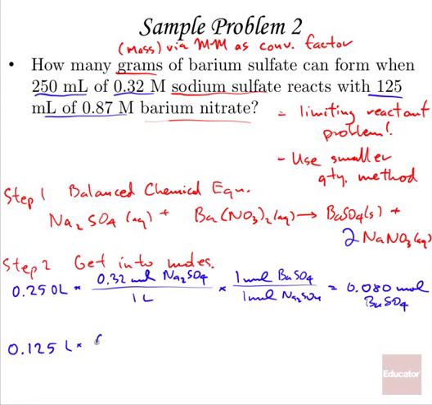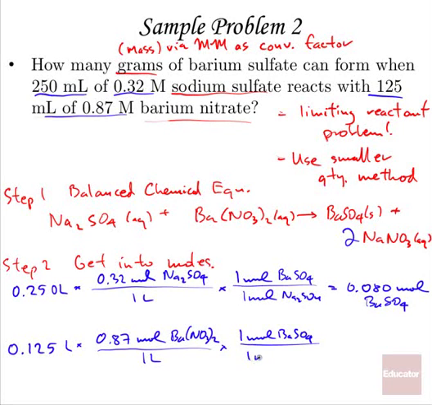0.125 liters times 0.87 moles of barium nitrate divided by 1 liter. Okay, the mole to mole ratio between barium nitrate and barium sulfate is also 1 to 1. So that's 1 mole barium sulfate over 1 mole of barium nitrate.